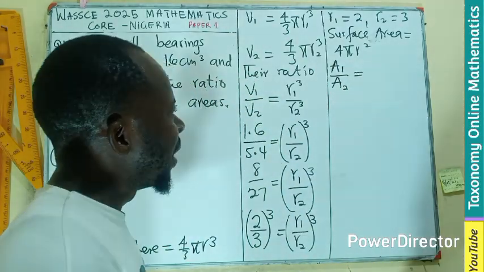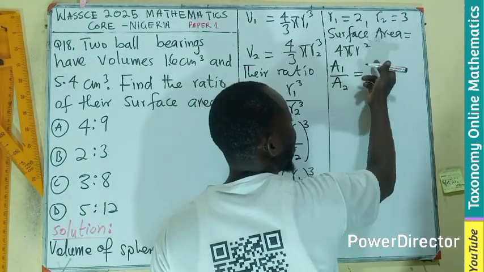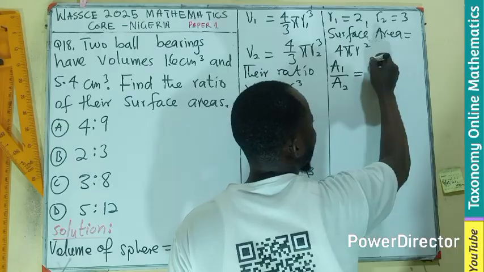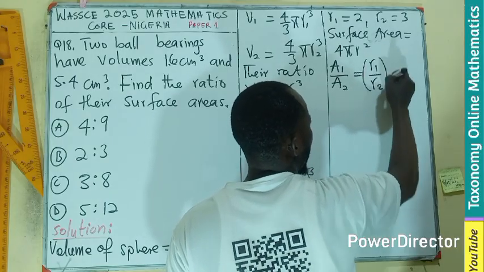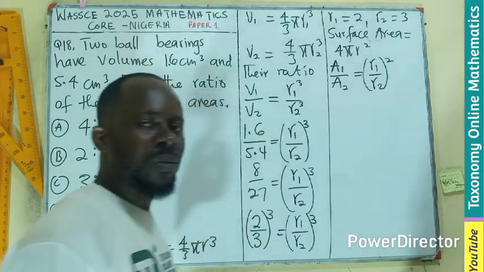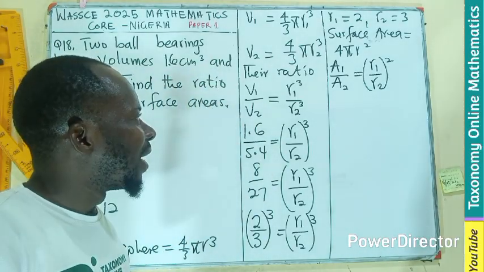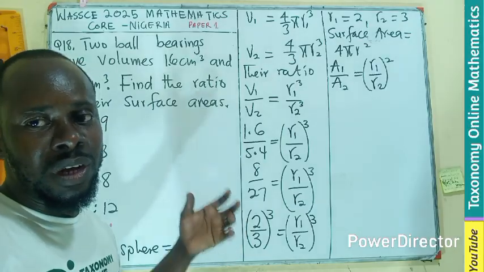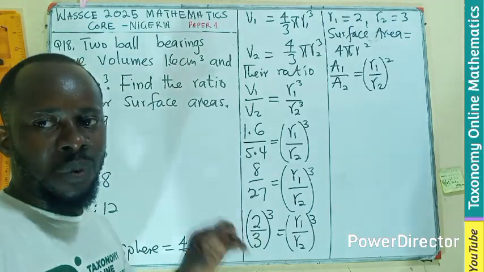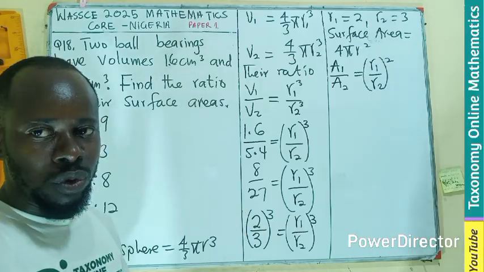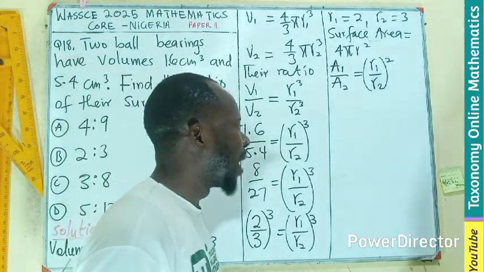That will be 4π, which will cancel, so I should have R1 divided by R2 all raised to the power of 2. I don't know if I'm jumping the method that will worry you. It's step by step: 4πr² divided by 4πr², where the r will be 1 and 2. The 4 and the π will always cancel, leaving R1 and R2.